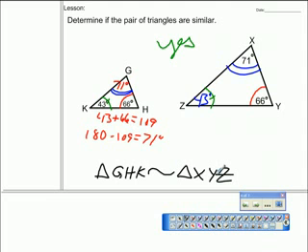So if we have the corresponding angles being congruent, we have that the triangles are similar. That's one of the ways to determine triangle similarity.